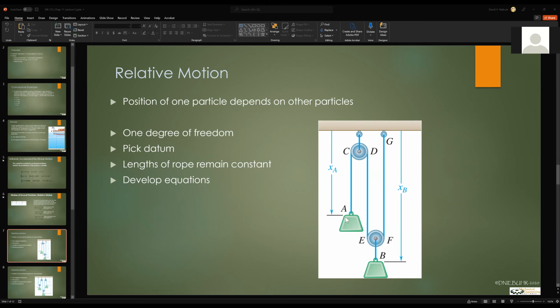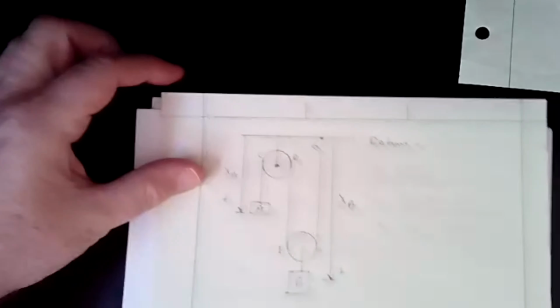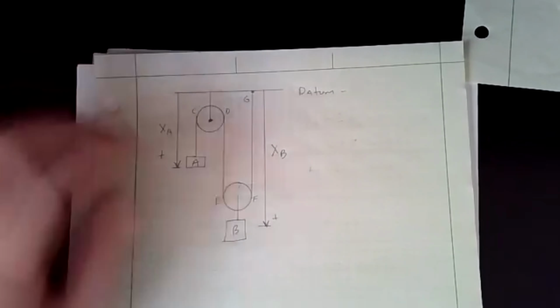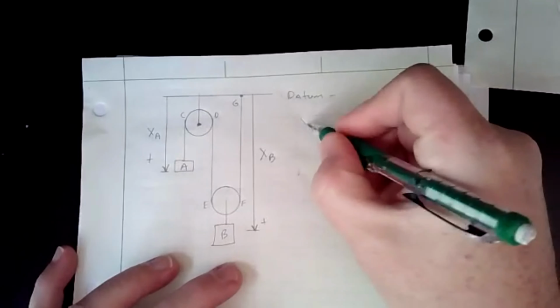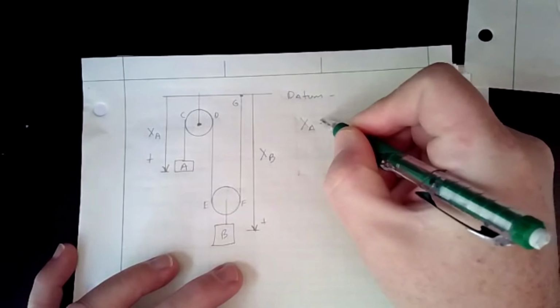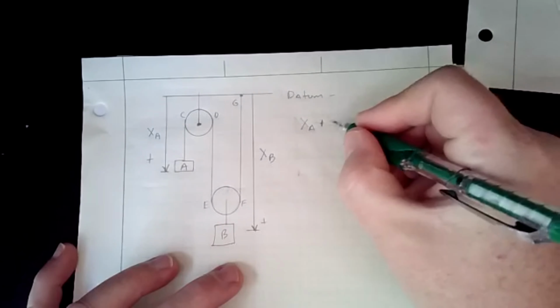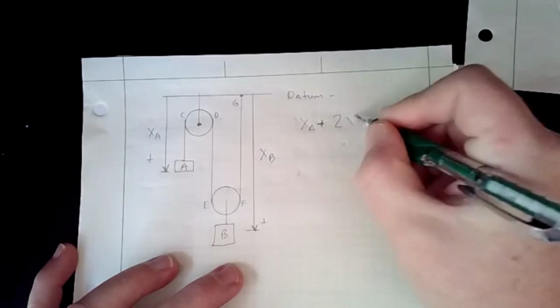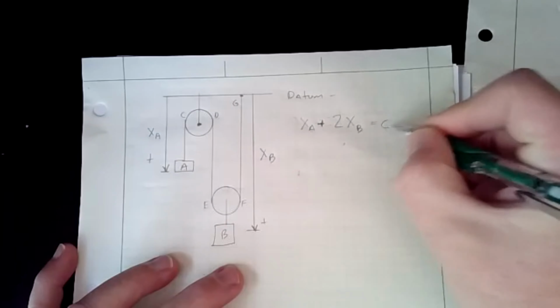If we look at XA, XA is going to go up and down, but as XA goes up and down, XB is going to go twice that, or 2 times. So our equation looks like XA plus 2XB is going to be a constant.